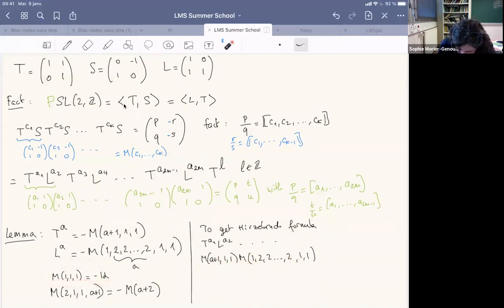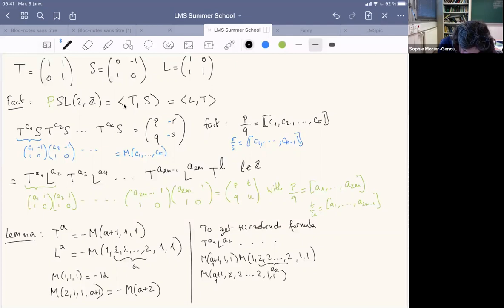So somehow, when you concatenate these two things, the sequence of 1 will disappear, and you will get only A1 plus 1, and here it's A2 times. But the ones disappear, so you only have a sequence of 2s, and then a sequence of 1.